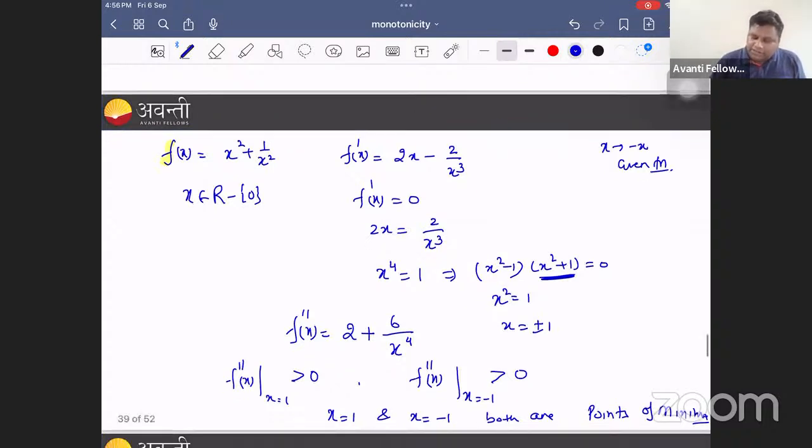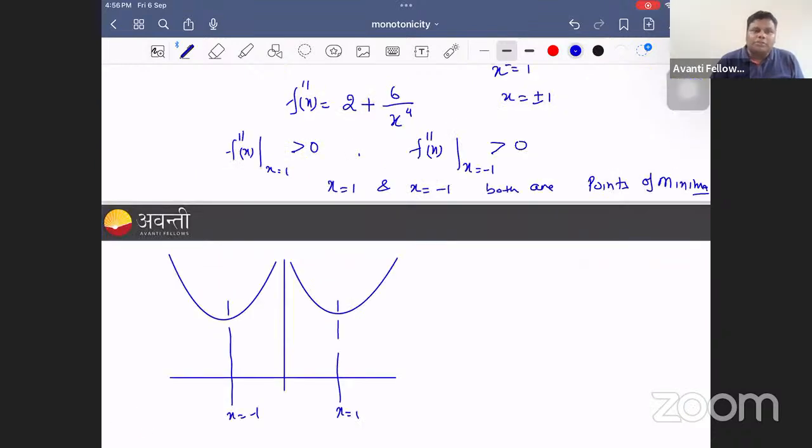That is why 1 and minus 1 are both points of minima. This point is (1, 2) and this point is (minus 1, 2). Because the function is discontinuous at x equals 0, it is not a continuous function, and that is why we are getting two consecutive minima.